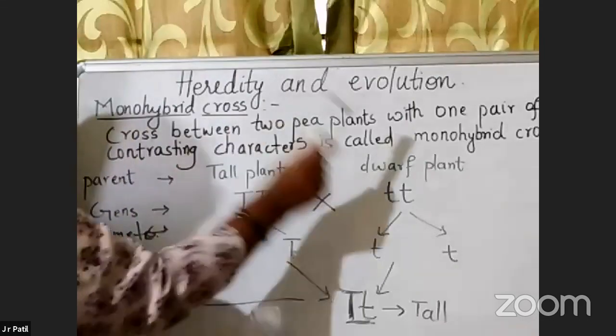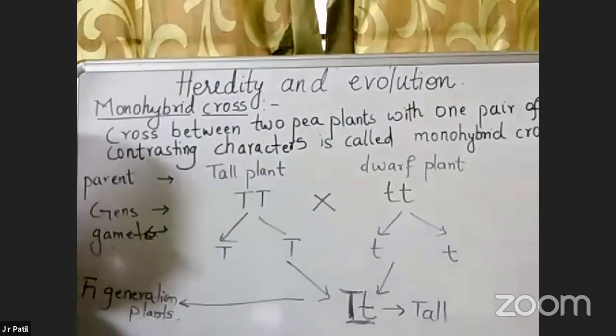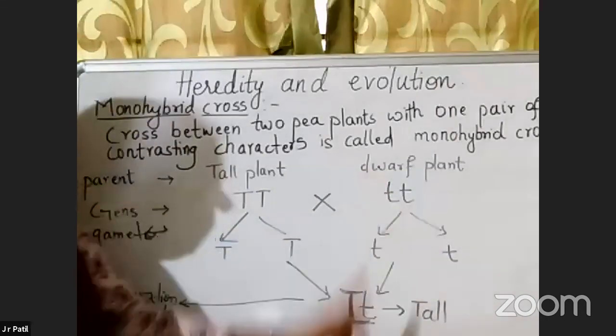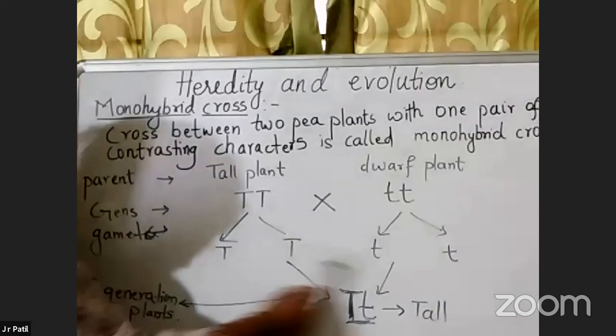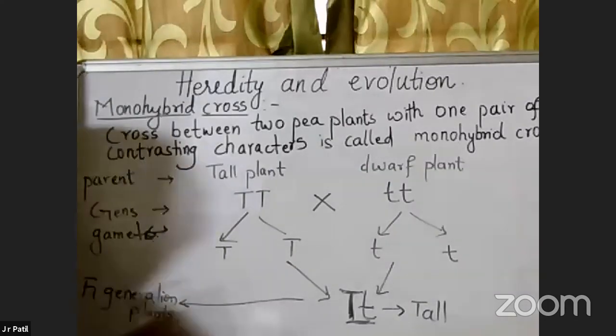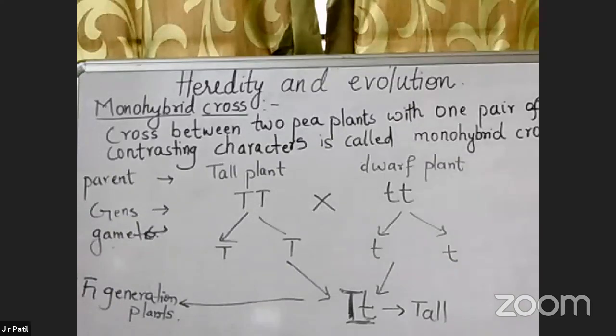Next, the tall plant will be cross-pollinated with the dwarf plant. When we are doing cross-pollination, one gene from the tall plant and one gene from the dwarf plant will appear. The plants we get after cross-pollination we call F1 generation plants, and all those plants are tall. Is it clear?